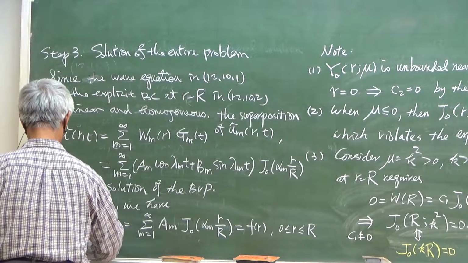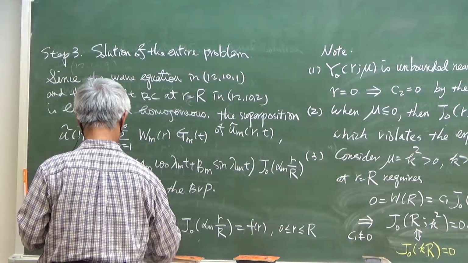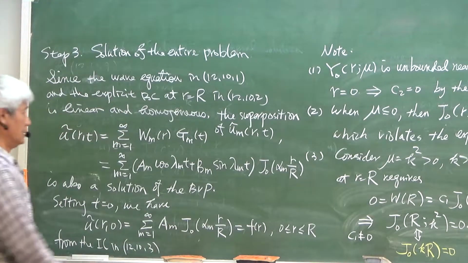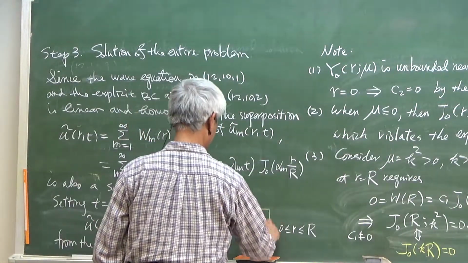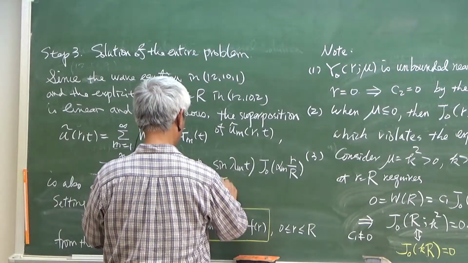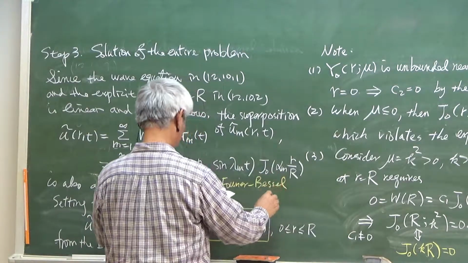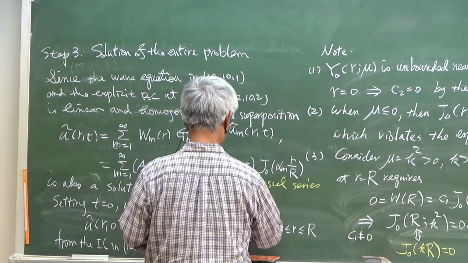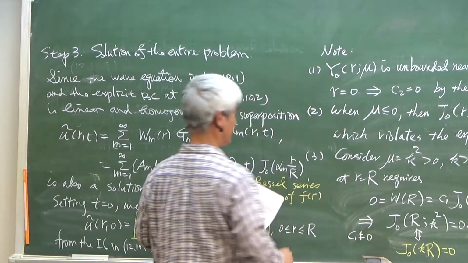from the initial condition in 10.3. Okay. So by looking at this form, we find that this is actually the Fourier-Bessel series representation of f(r), right?